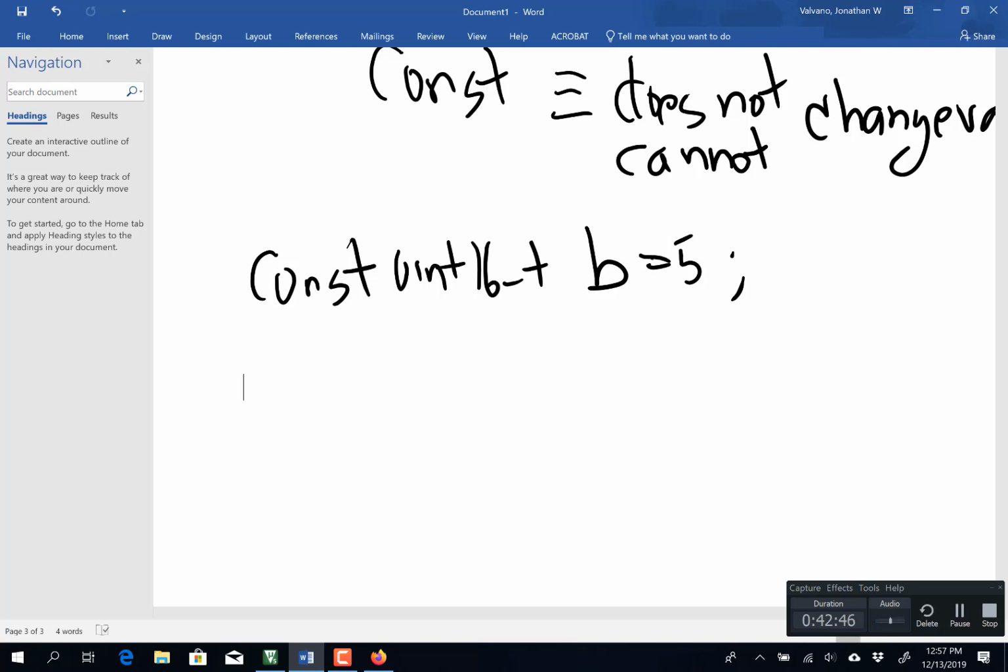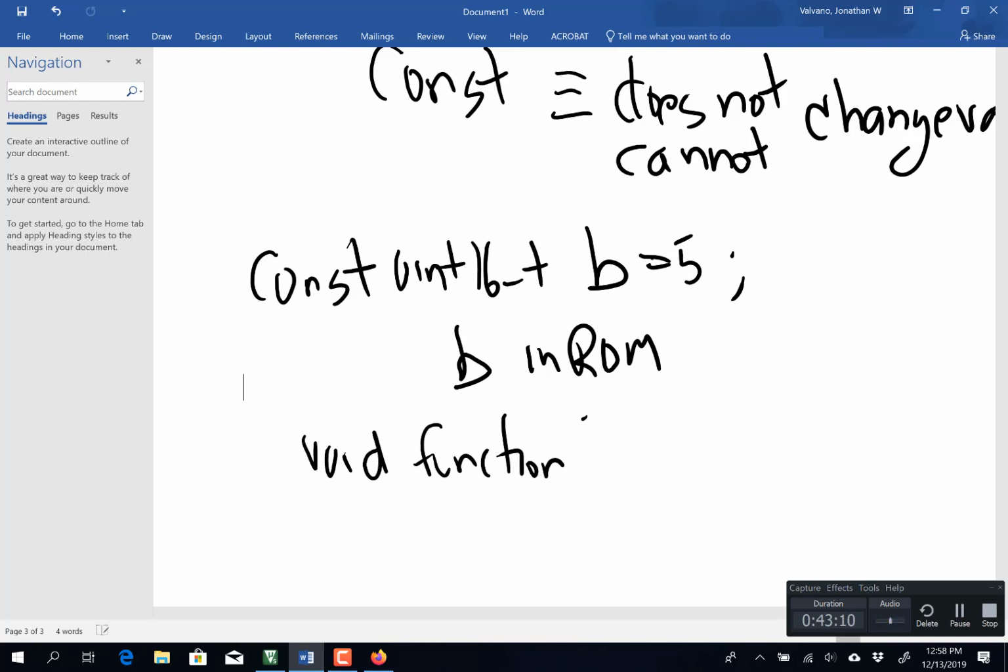But in terms of 319K, what that means is it goes in ROM, because we've got a lot of ROM. So in 319K, it'll put B in ROM. The other place you're going to see const in 319K or in the rest of your world is in a parameter.